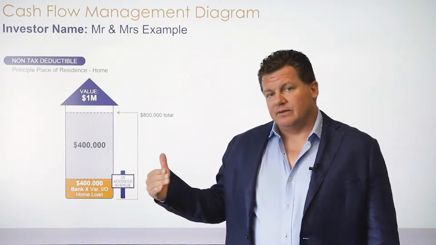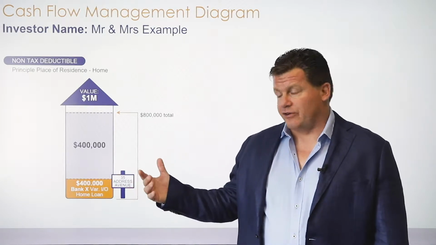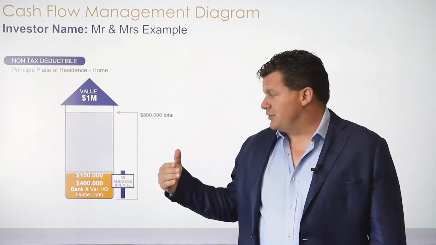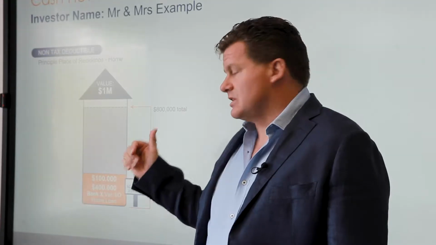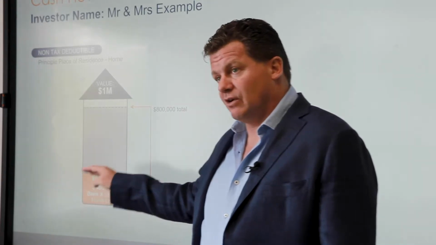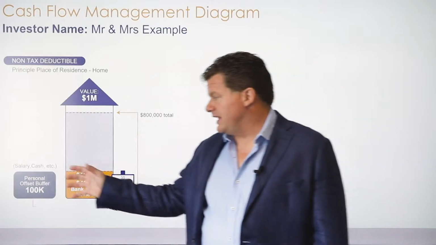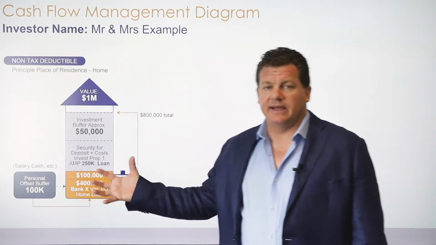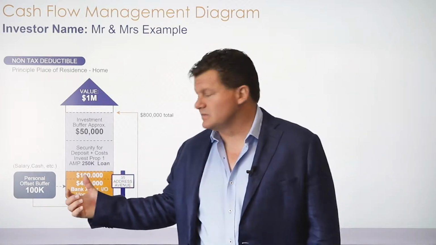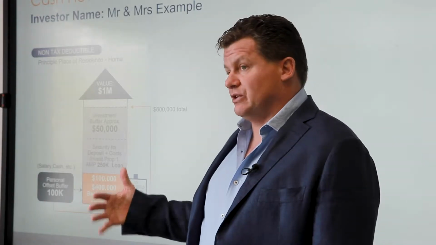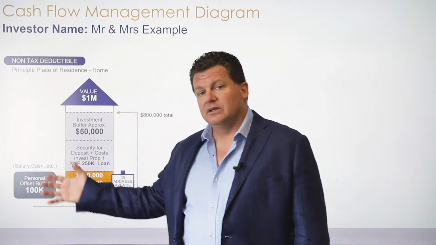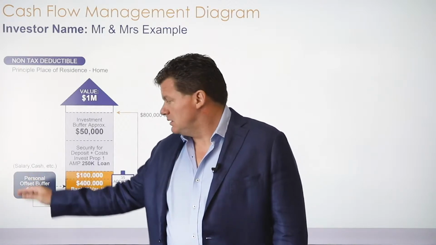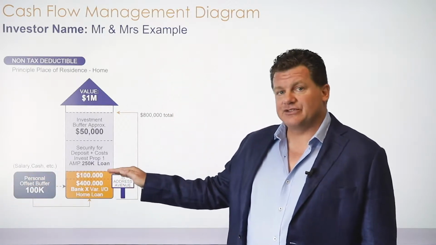So let's say we think about what we're going to do with that 400. The first thing we normally recommend is we set up what we call a buffer. So if we take the first $100,000 of the 400 and we put that in another bank account that the bank considers an offset account, and we can talk about how you use offset accounts more later, essentially if we draw that 100 and put that into the offset account, it offsets the interest from the 100, so we're still not paying interest on any money yet.